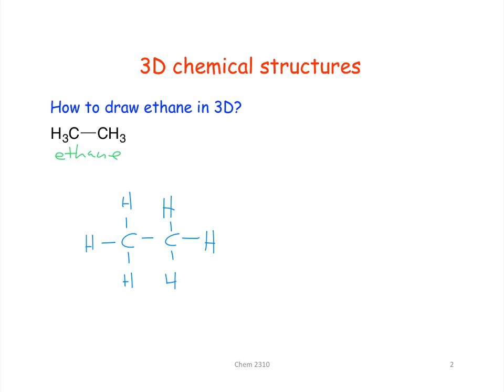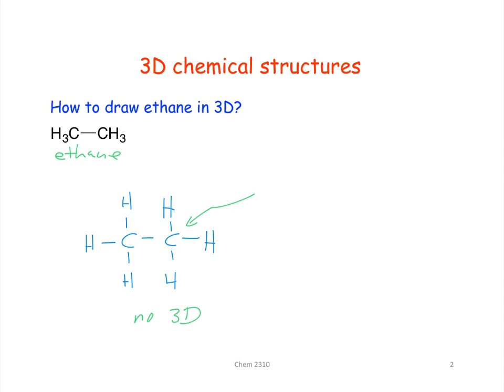But are either of these structures really representing the molecule in 3 dimensions? The answer is no. There's no 3-dimensional structure in the condensed structure, and likewise in this Kekulé structure there's no 3-dimensional information as well. This makes it look like all of those carbons are planar, and we know that that's not true.